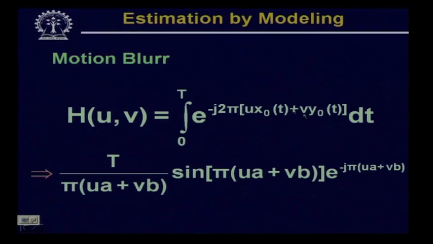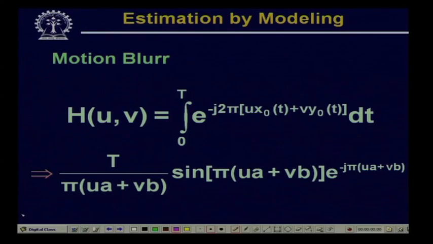Using that concept, we got a mathematical model for motion blur, which in our last class we derived as H(u,v) equal to the integral from 0 to T of e to the power minus j 2 pi (u x naught(t) plus v y naught(t)) dt, where x naught(t) indicates movement along the x direction and y naught(t) indicates movement along the y direction.